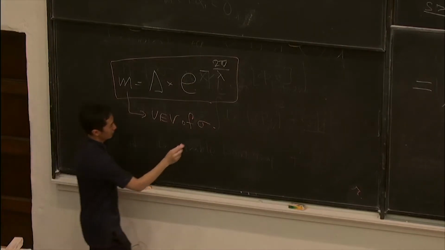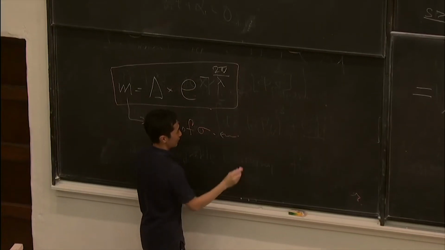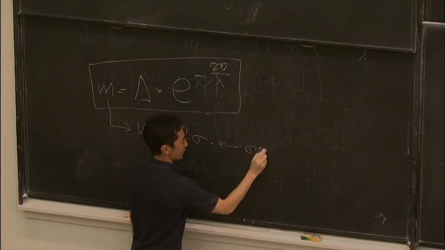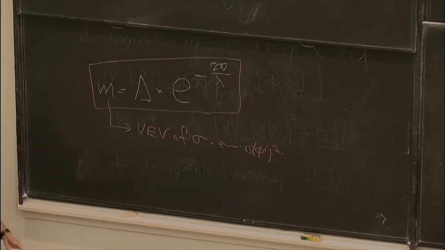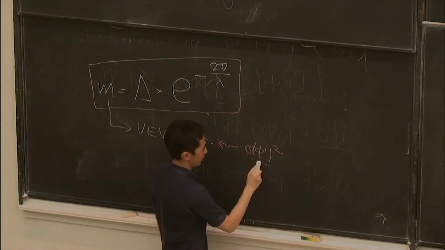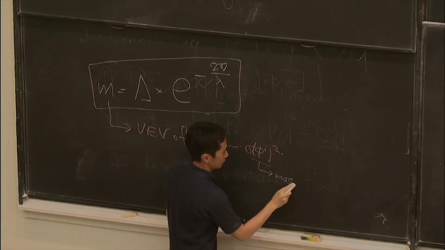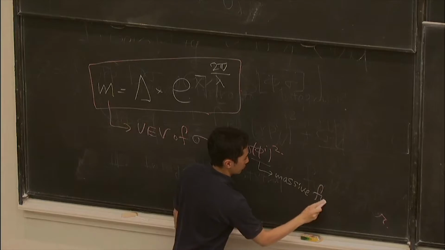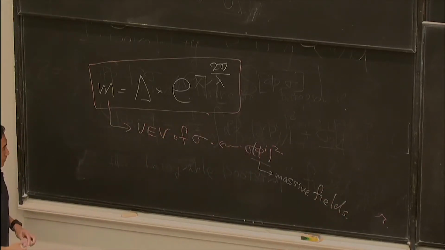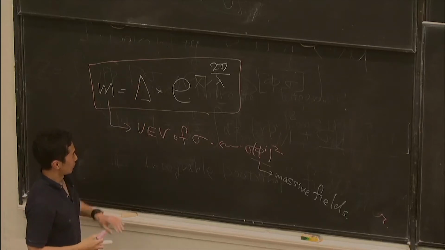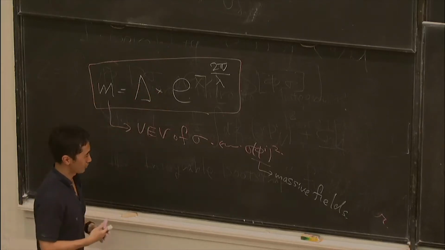But if you look at the original Lagrangian, sigma couples to phi_i in this way. So the fact that sigma develops a vev means that actually these phi_i's are massive fields. And this is, of course, an example of dimensional transmutation. So the mass actually emerges non-perturbatively.